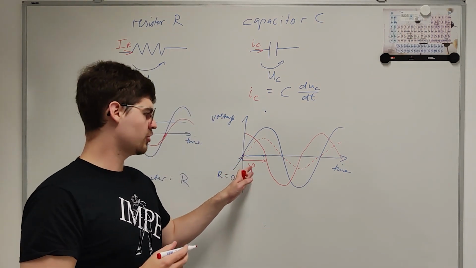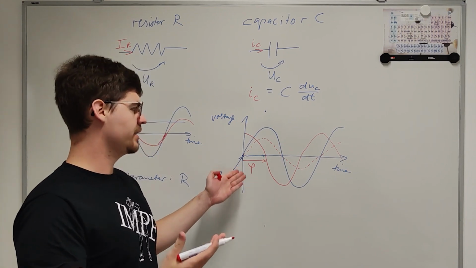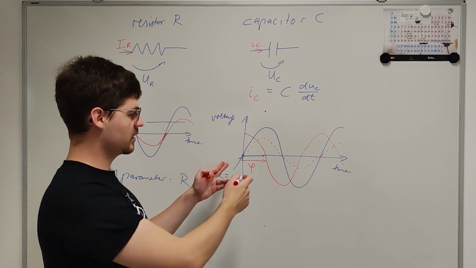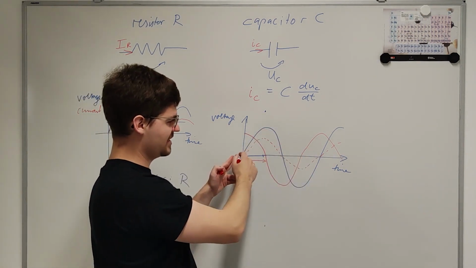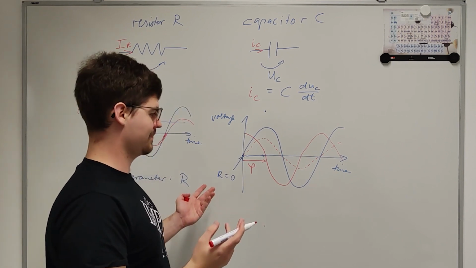This phase shift I will characterize here with the Greek letter phi. And this is basically the phase angle by which it is shifted. The sinusoid can be interpreted as running from 0 to 360 degrees, or 2 pi in this case.